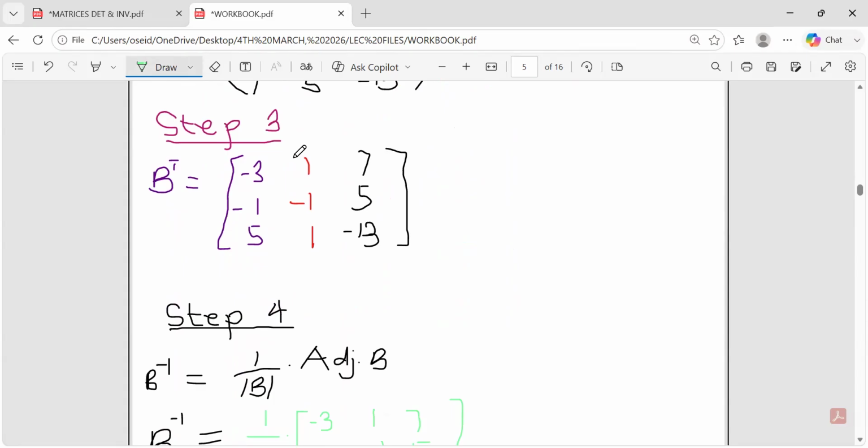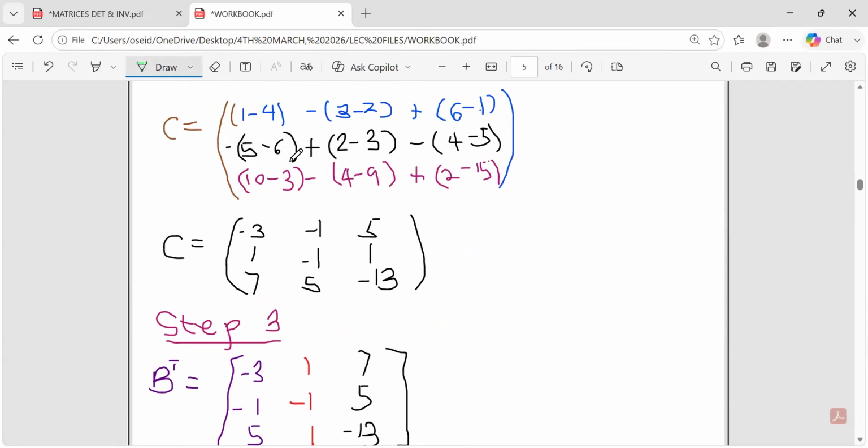So from there, which is step 3, we transpose. Since the matrix is a 3 by 3 matrix, we transpose. And we say that during transposition, we change the first row of the cofactor into the first column. So the first row was negative 3, negative 1, 5.